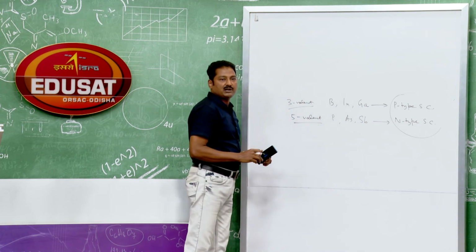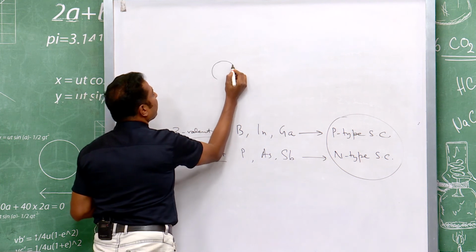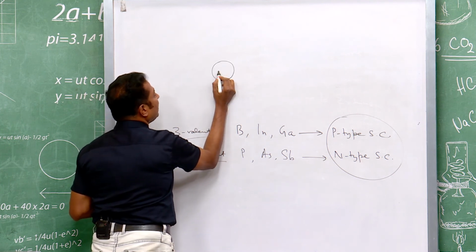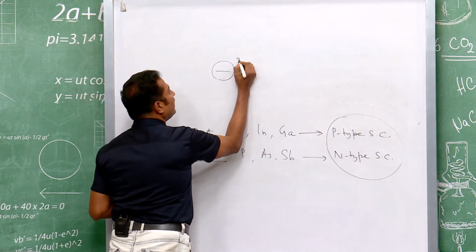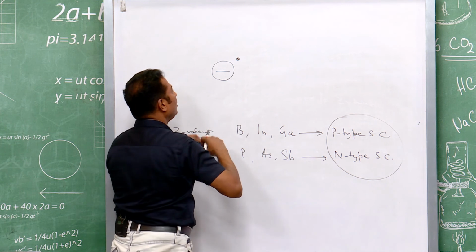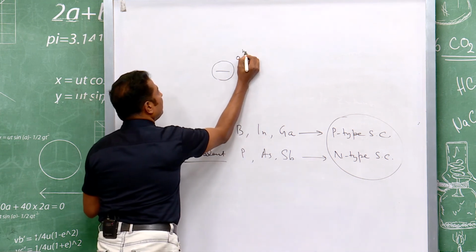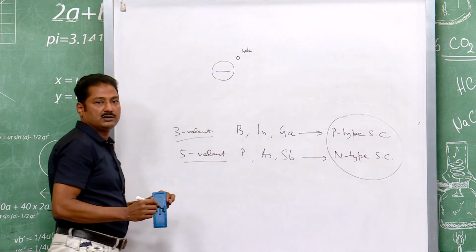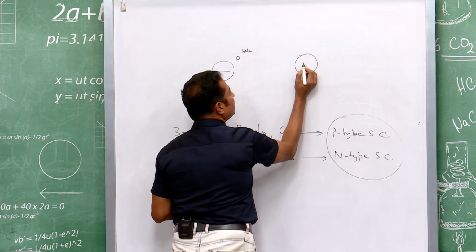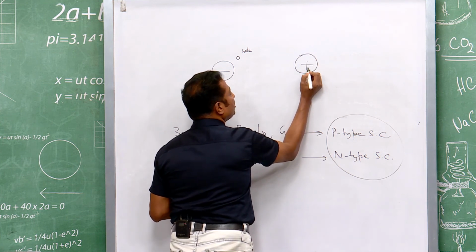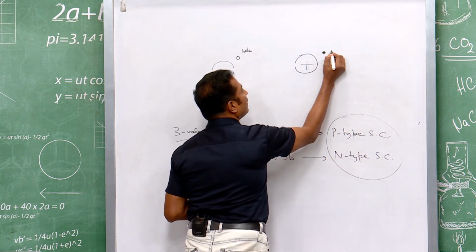The p type semiconductor can be represented by a stable negative ion surrounded by a hole. It is p type semiconductor. The n type semiconductor can be represented by a positive ion and a free electron.